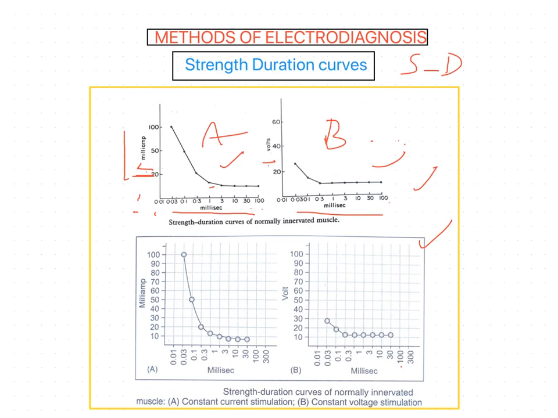As for the method, as usual, the same type of method is used here. You have to position the patient and prepare the skin for stimulation. That means you have to reduce the skin resistance and place the electrodes.